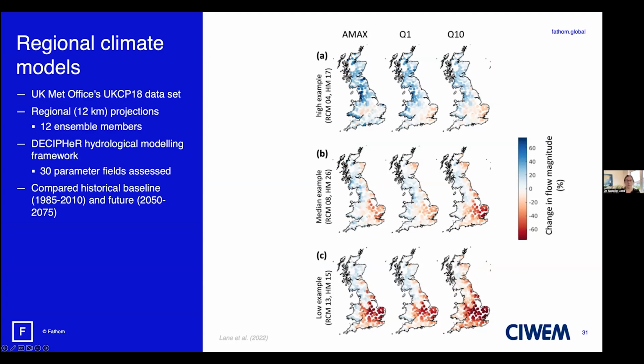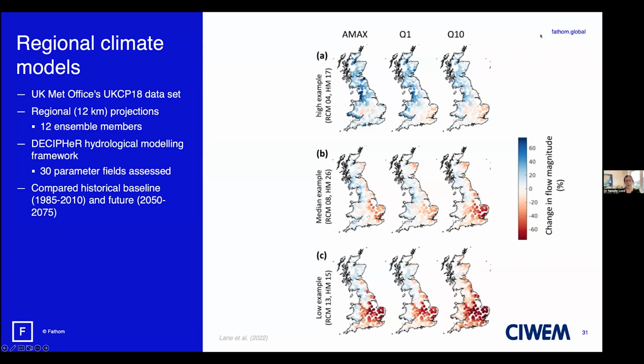And it's clear from these plots, or clear from many of them, that there's a kind of northwest-southeast divide in these projections of peak flow, with many northerly and western regions seeing increasing flood peaks, whilst southern and eastern regions tend to see a decrease, particularly in southwest England, represented by red.